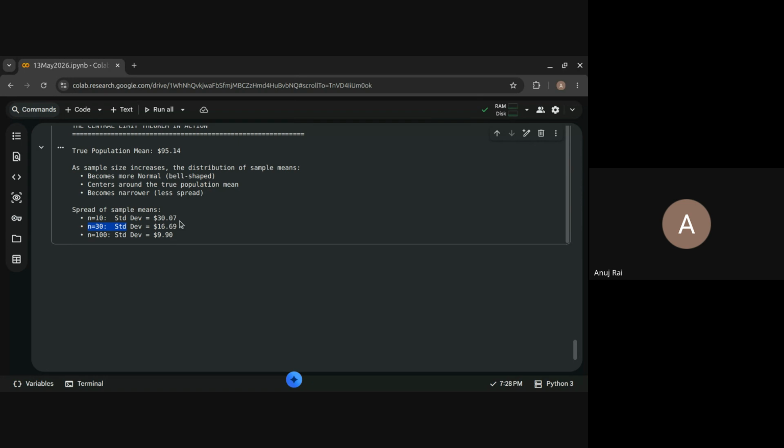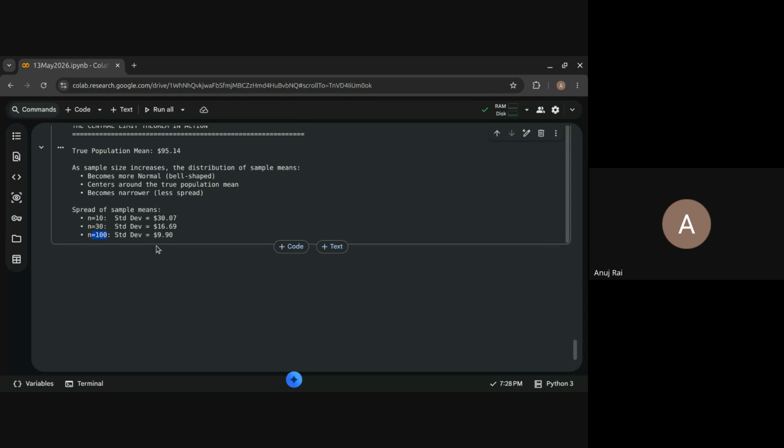There is no hard and fast rule that you have to stop at n equals 30. At n equals 40 you get a much more precise idea than at n equals 100. Maybe the standard deviation might be around, let's say, $11. And for $11 at n equals 40, you have to invest double or triple the time and money to get a more precise and clear idea about the population.